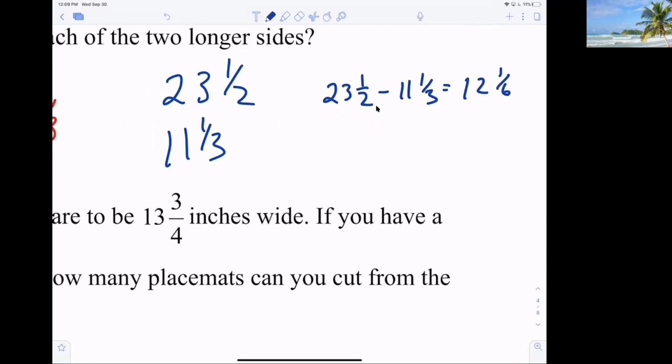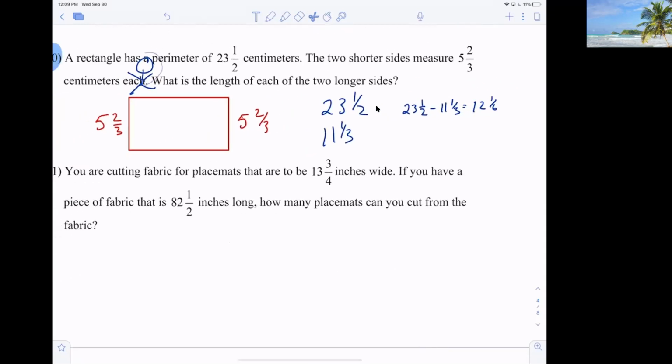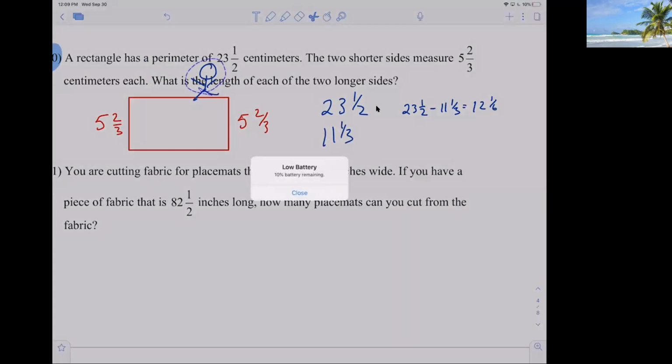Yeah. Okay, so now I'm going to show you again. I have 12 1/6 centimeters still to go. How do I figure out how much one side would be? Now remember, both sides are 12 1/6.